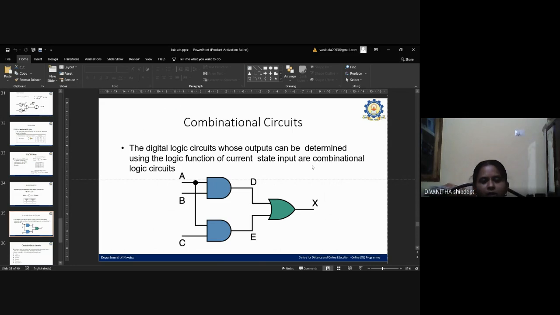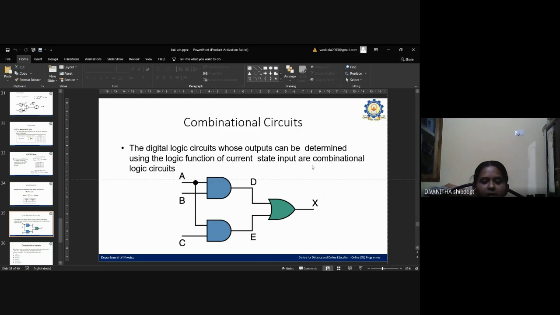By using gates, digital logic circuits can be framed. These are called combinational logic circuits. Digital logic circuits whose outputs can be determined by the logic function of the current state inputs are called combinational logic circuits. In this diagram, we are taking two AND gates.